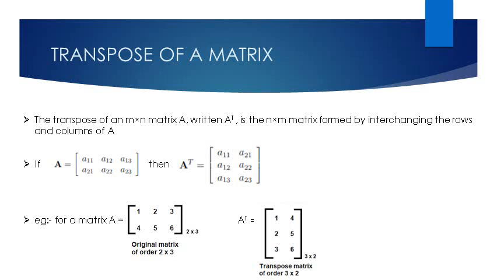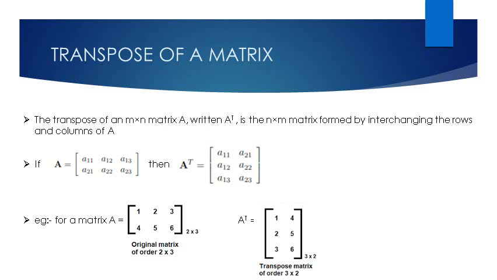And the second row A21, A22, A23 will be converted into a column. Now you will read the transpose matrix as A11, A21, A12, A22, A13, A23.